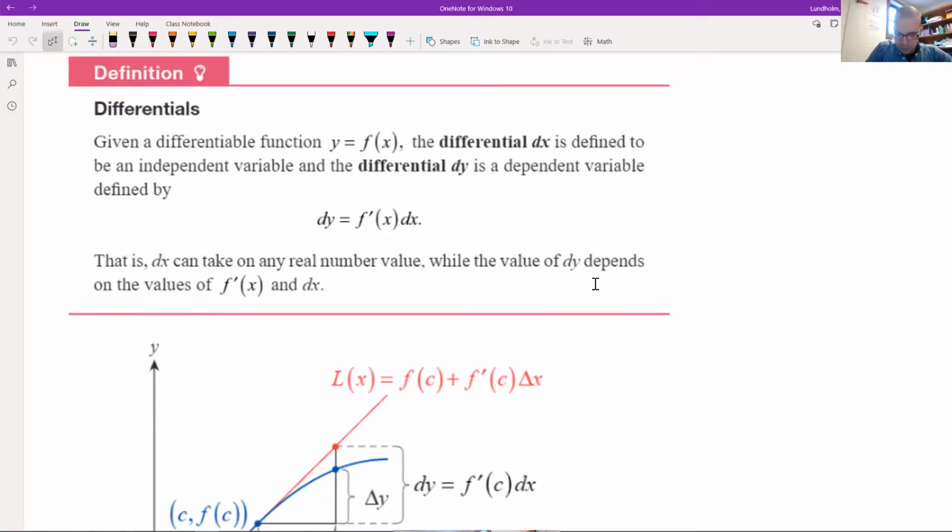So when we nudge x, dx, then we get an output nudge. Y gets nudged in response.